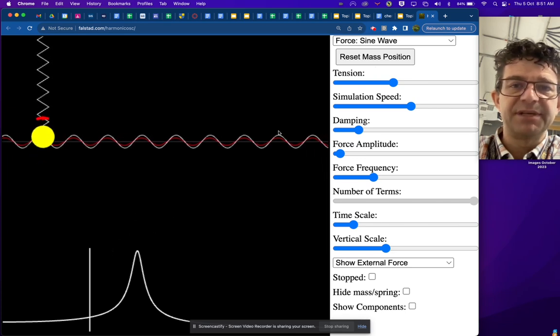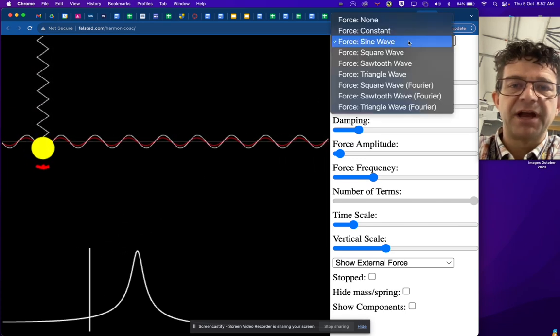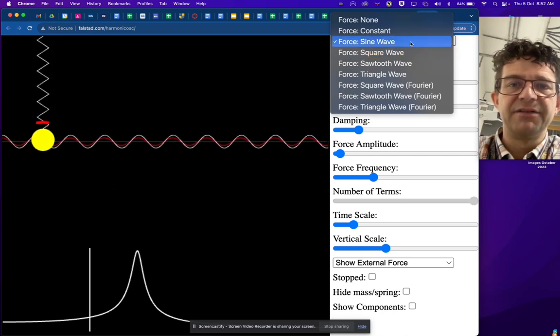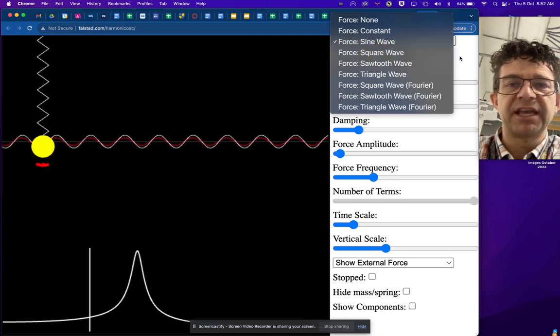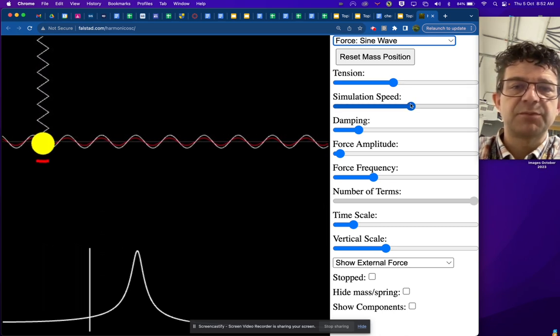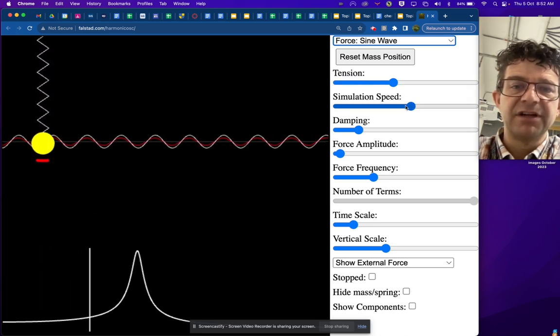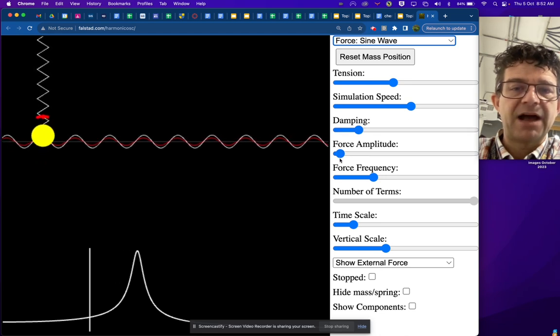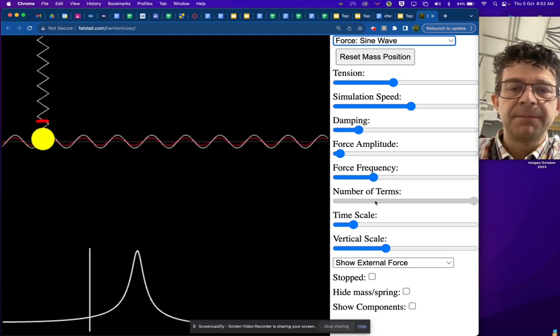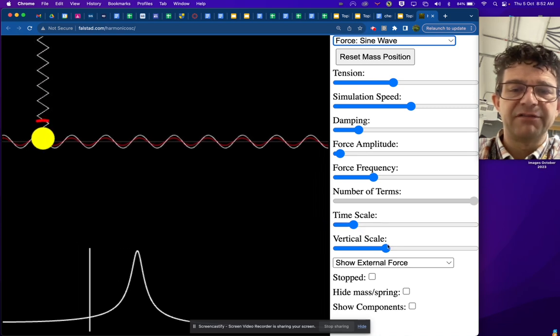And here's what that simulation looks like. There's an option to choose different forces. The sine wave is the one that we're going to care about most. You can adjust the tension in the spring, the elasticity of it, the damping, how large the force's amplitude is, the frequency, a time scale, and a vertical scale.